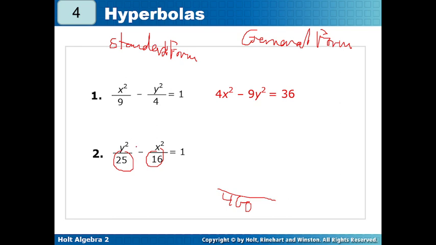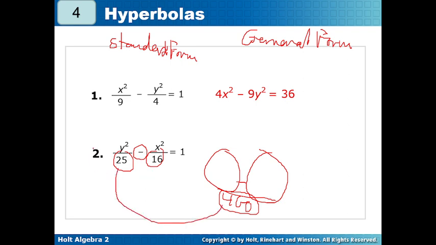After you get the LCD, copy the operation, which is subtraction, then find the first numerator and the second numerator. In order to find the first numerator, you will divide your LCD by your first denominator, which is 25. So 400 divided by 25, what would be the answer? You could have 16, correct?